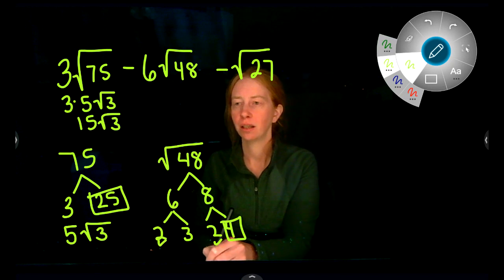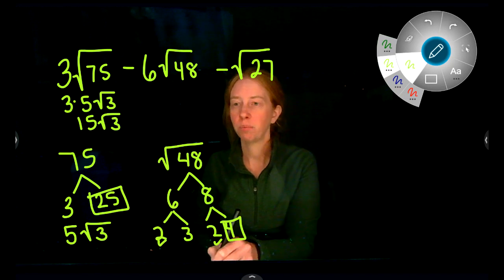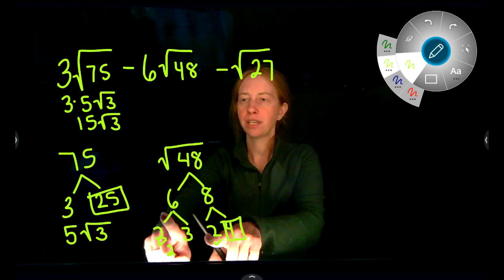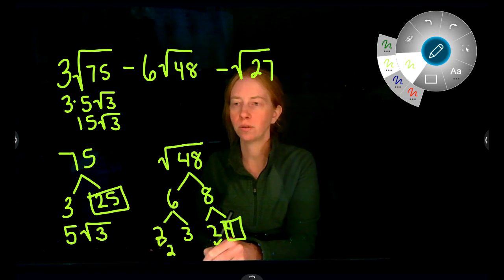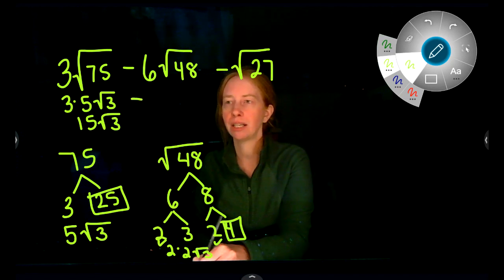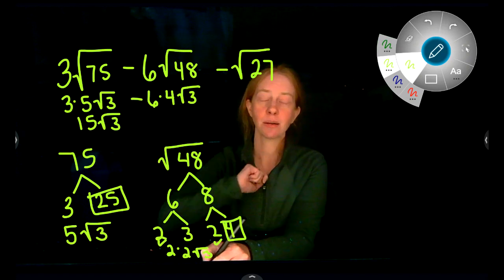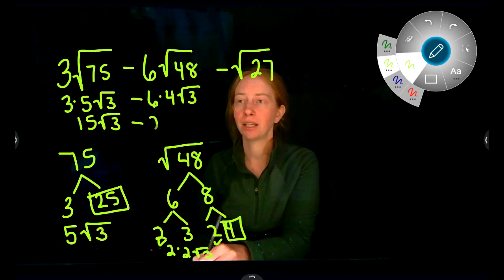We've got definitely the square root of 3 underneath. We're going to pull this square root of 4 out to be a 2, and we're going to pull these two 2's to be one 2. So this 2 times 2 is really 4. So I'm going to do minus 6 times my 4 square root of 3. Negative 6 times 4 is negative 24 square root of 3.